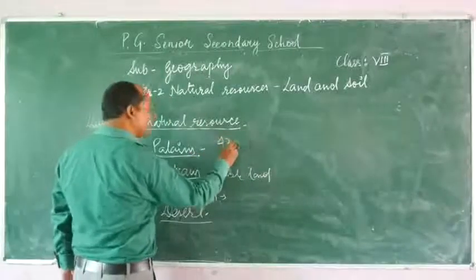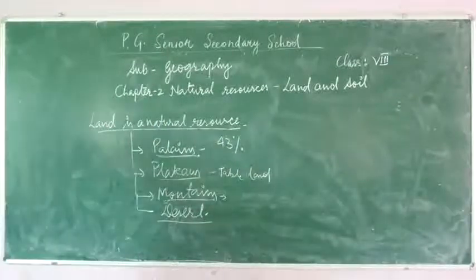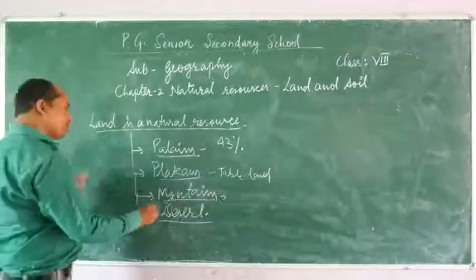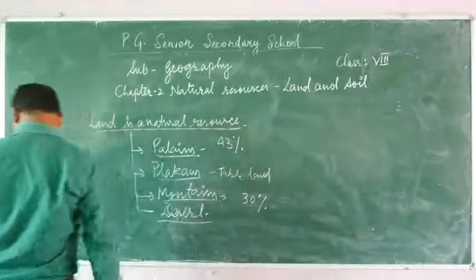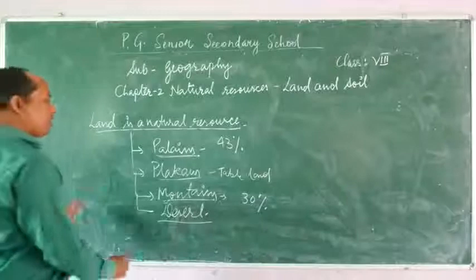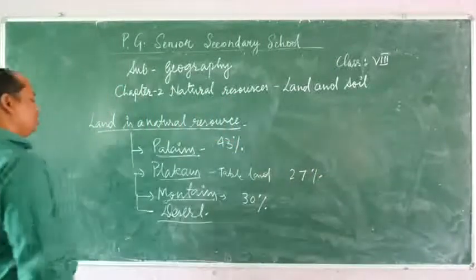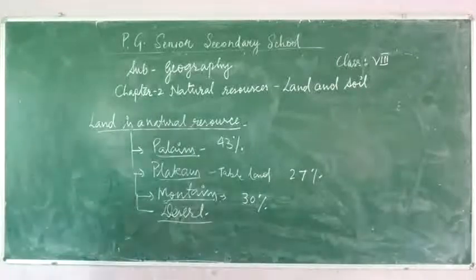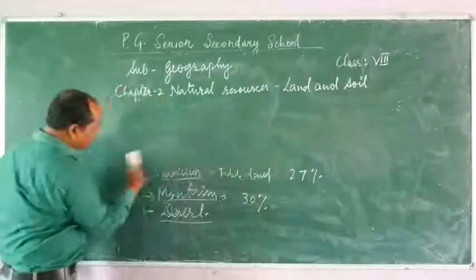On the planet we have to study plain, plateau and mountain. Plains are 43%, mountains are 30% and plateaus are 27%. This is the percentage of plain, plateau and mountain on our planet. And you know well the land use pattern.